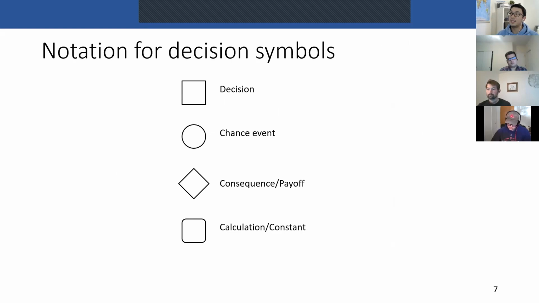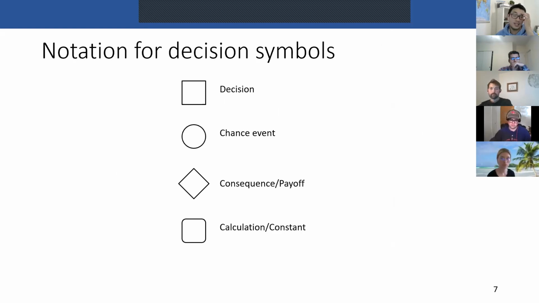We can break this down into a different type of network. The influence diagram that we're going to be talking about uses these sets of symbols, which are also used in decision trees. This is also important to keep in mind.